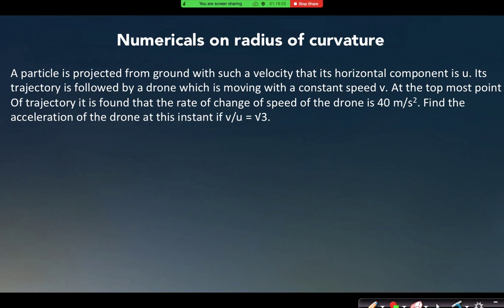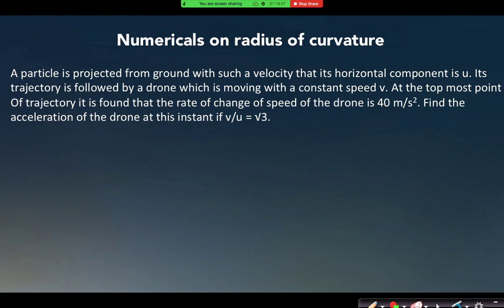If it is moving with constant speed, then how can there be a rate of change of speed?